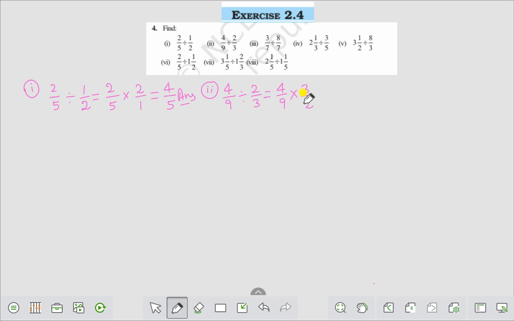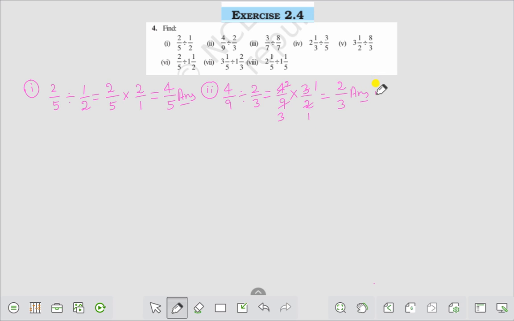Now change into lowest terms, that is 2 ones are 2, 2 twos are 4, 3 ones are 3, and 3 threes are 9. That is equal to 2 into 1 is 2, and 3 into 1 is 3. That is 2 by 3. This is question number 2.